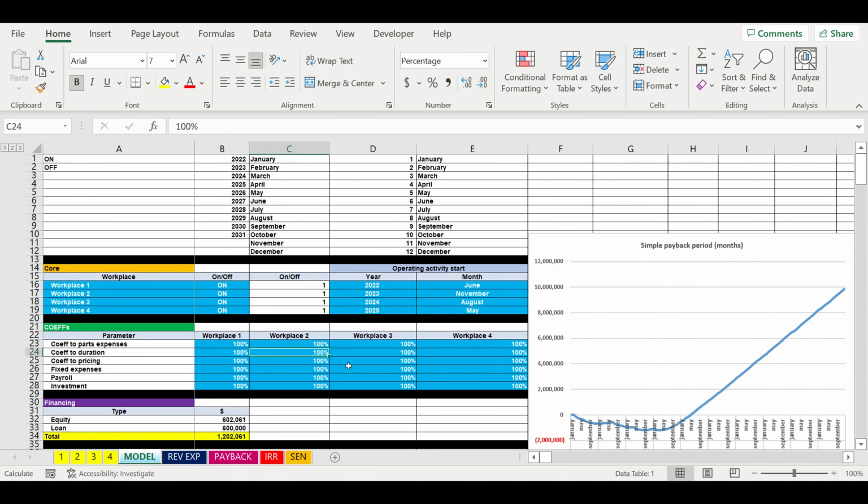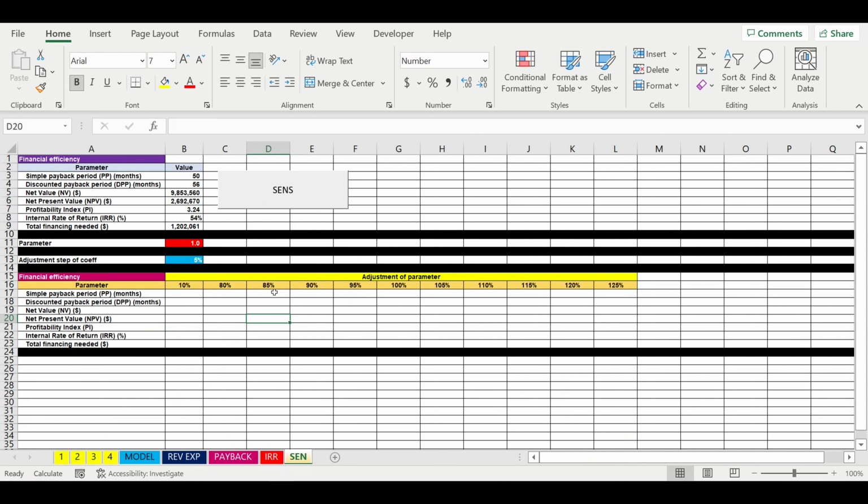Now this coefficient is added, and I'm going back to the sensitivity analysis tab and pressing sense. For example, my step of changing the coefficient will be not 5% but 10%. Here it is. And now I will test the financial efficiency of this business idea if I increase or decrease the cost of parts for workplace number 1.